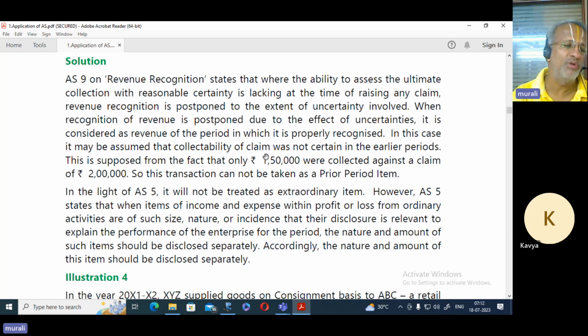That is what you have to understand. It is not that they have failed to record. They have preferred not to record because certainty was not associated. Understood? Yes, sir.